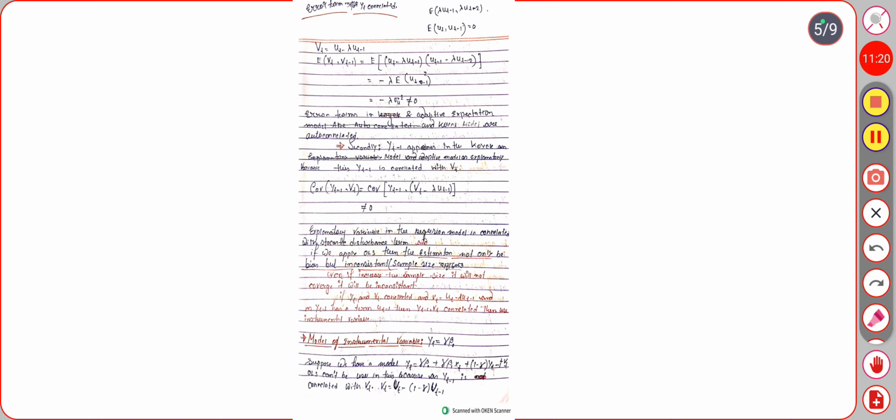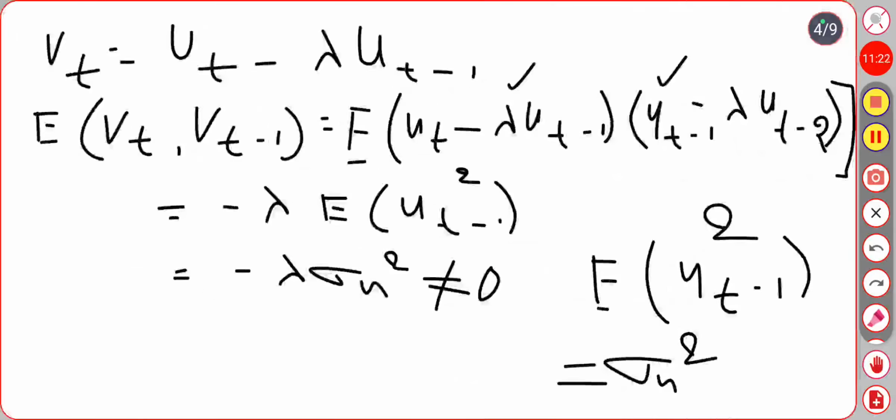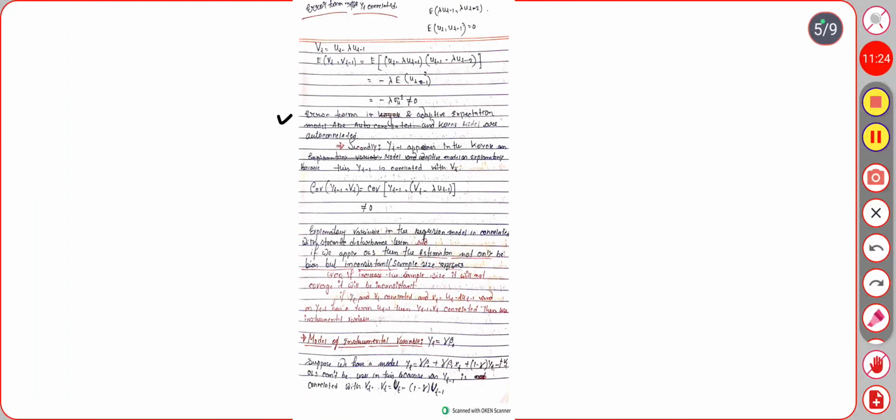Secondly, yt minus 1 appears in the Koyck model and the adaptive expectation model.